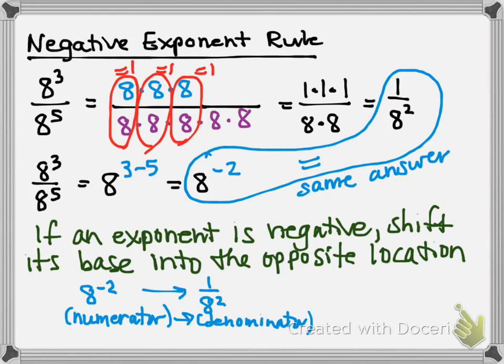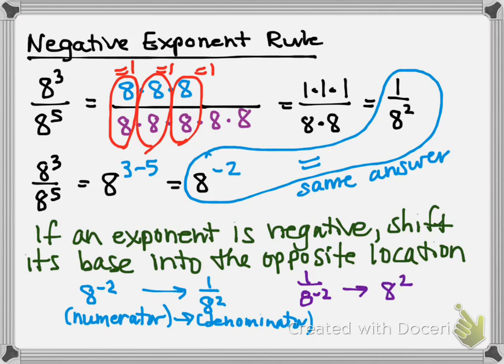The opposite is true. If I have 1 over 8 to the negative second power, so he begins where? In the denominator. Guess where he needs to go to become positive? He has to shift up to the numerator.